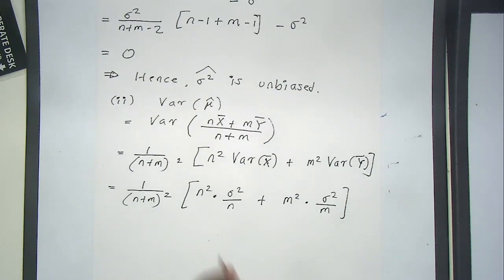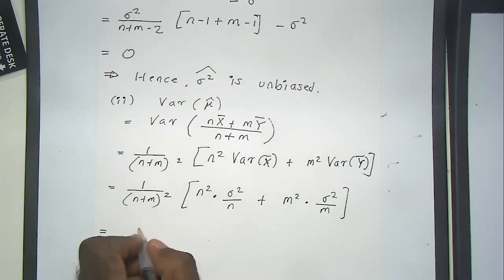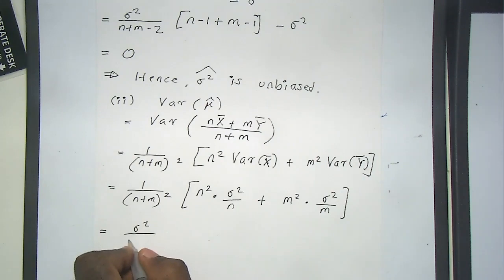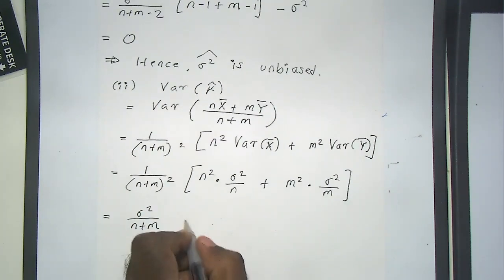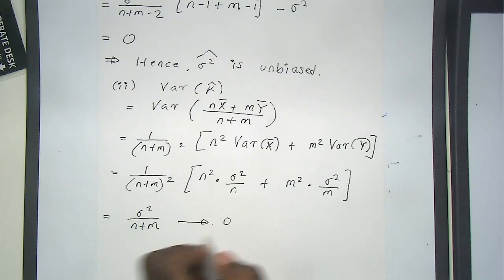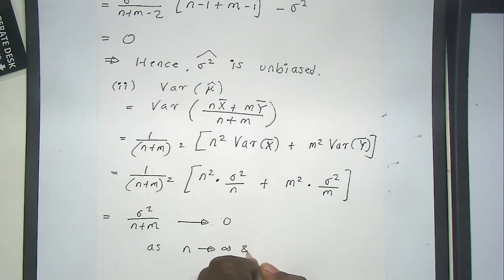So what you get is sigma squared divided by n plus m, right? And this clearly approaches 0 as n approaches infinity and m approaches infinity.